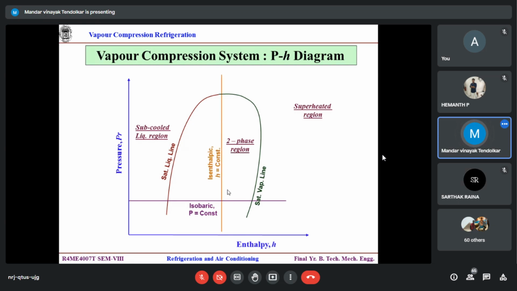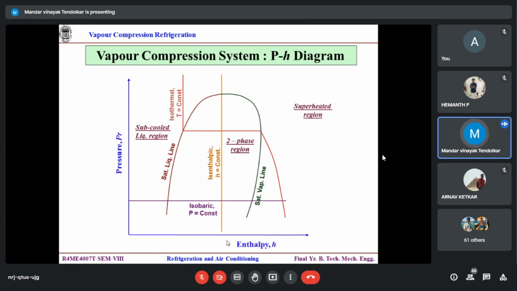Then a horizontal line is constant pressure, isobaric. The vertical line is isenthalpic, enthalpy constant. Then a temperature line: you will always observe it will be almost vertical. Why? Because the liquid is incompressible, so why would enthalpy change? Even though you are tracing this way and the pressure reduces, it is a liquid part.